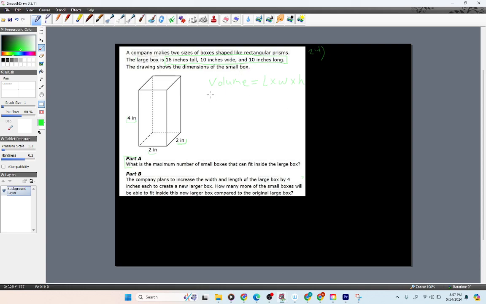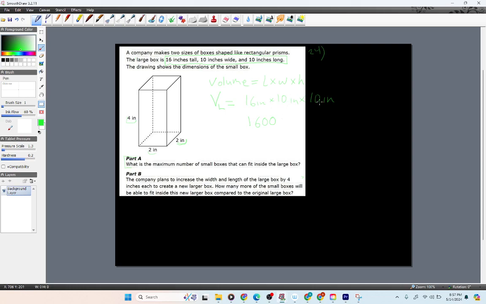Alright, so let's find the volume of, we call it VL. It's going to be the volume of our large box. It's going to be 16 inches by 10 inches, 10 inches. And 16 times 10 is going to give us 160. Then 160 times another 10 is going to give us 1,600.